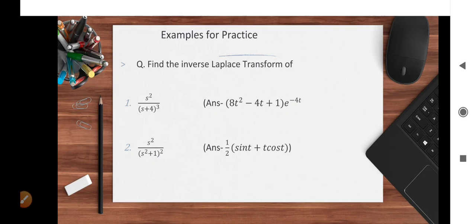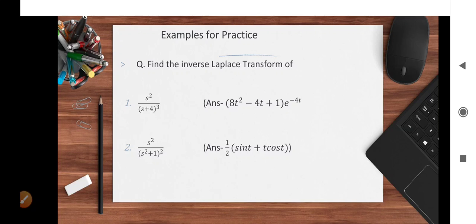Convolution theorem application to find inverse LT is a very favorite subtopic of the university question paper setters. So surely there will be at least one example in every university question paper where you will find an example to find inverse LT using the convolution theorem.